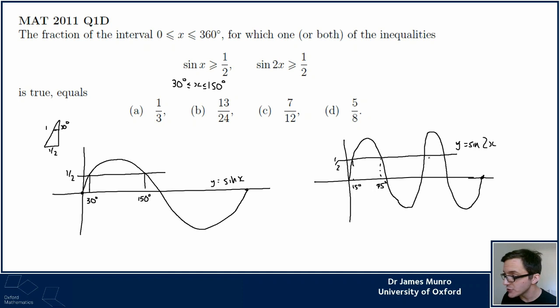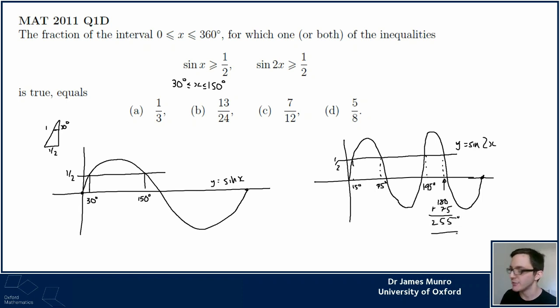And then there's a couple more solutions over here at larger angles. So I have to add on 180 degrees to get to this bit, half of the full interval because it's repeated in there. So that's 195. And this is, oh, do I want to work that out? 180 plus 75 degrees.